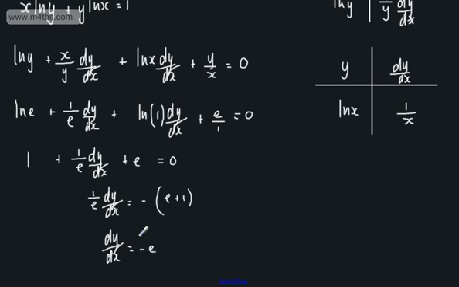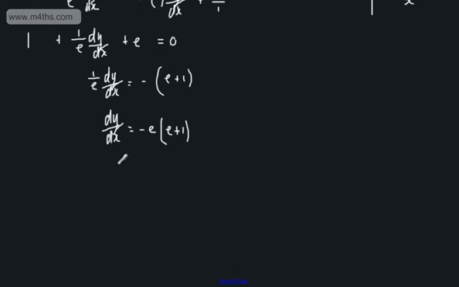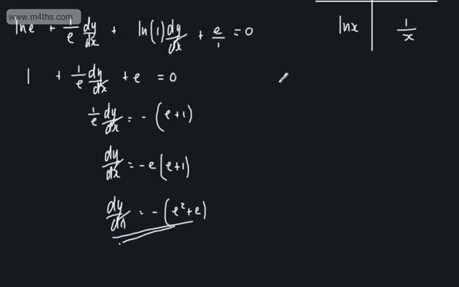Remember, e is just a constant, it's 2.718 and so on and so forth. Or if you like, you could say dy by dx equals minus the quantity e squared plus e, if you really wish. I prefer to take the common factor out. I prefer the first one, but it doesn't really matter.